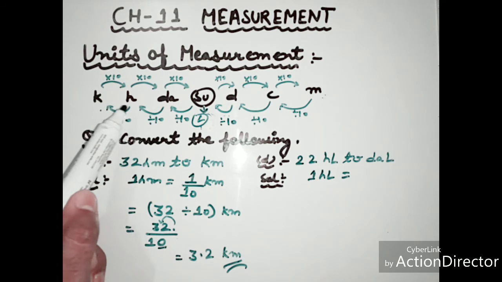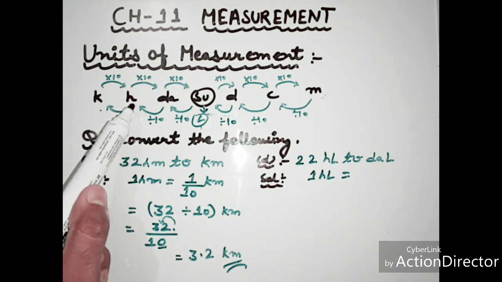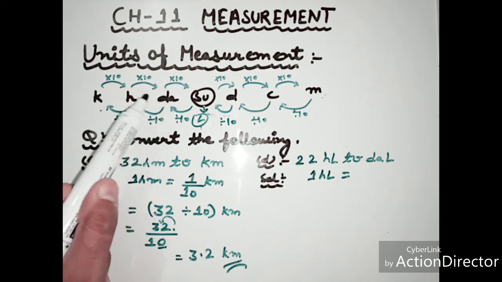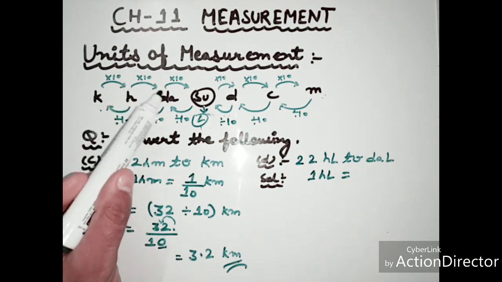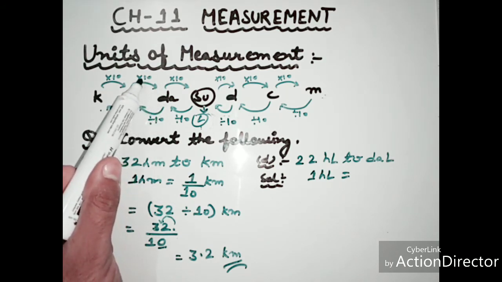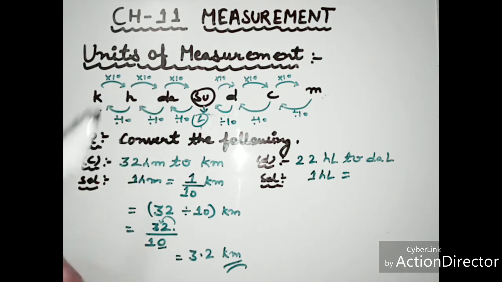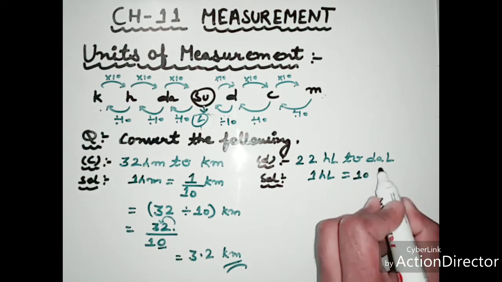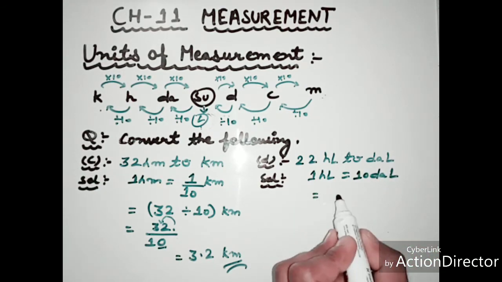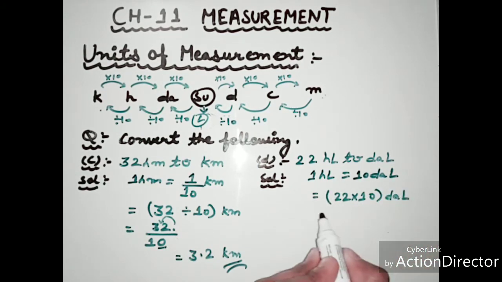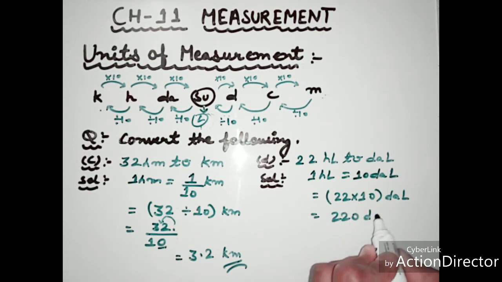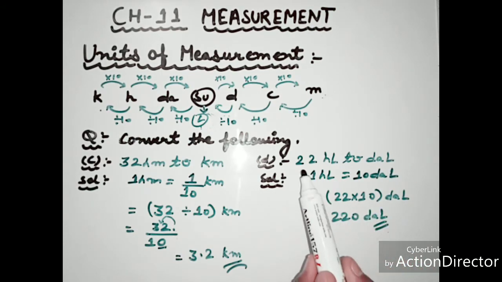So hectoliter place is here and decaliter is here, so it's move only one place from left to right. So 1 hectoliter equal to 10 decaliter. So we multiply 22 by 10 and we get 220 decaliter. So 22 hectoliter equal to 220 decaliters.